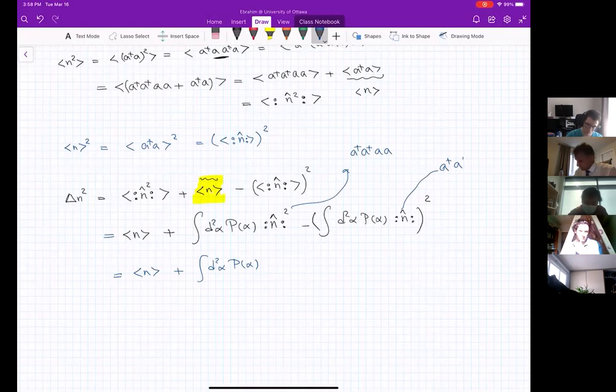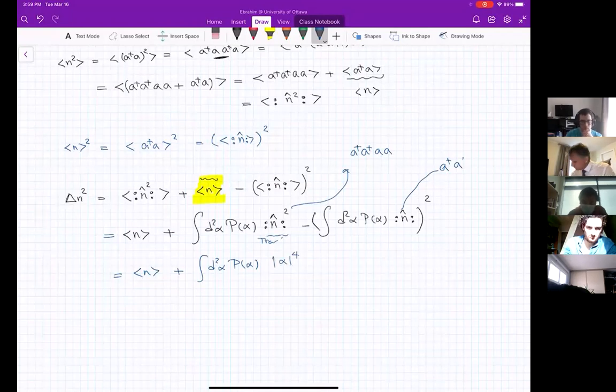I have to write that it's a trace over these, but anyway, that will be alpha to the power of 4 because it's n squared. I get 2 alpha star and 2 alpha, and when you multiply together you get the absolute value of alpha to the power of 2. Then this term will be the integral of d2 alpha P(alpha) times alpha squared to the power of 2. Clear?